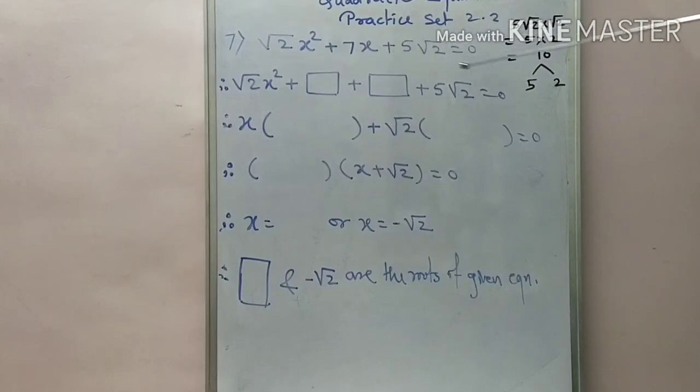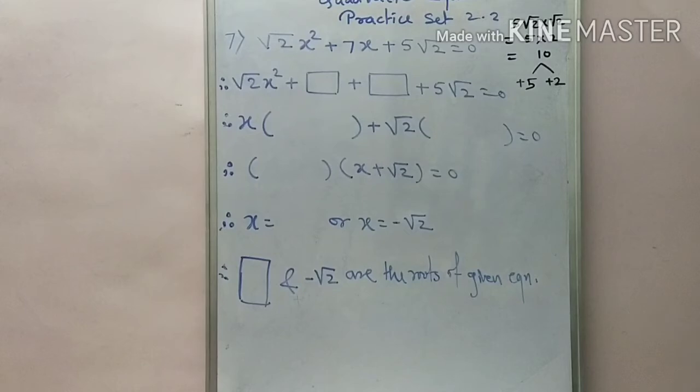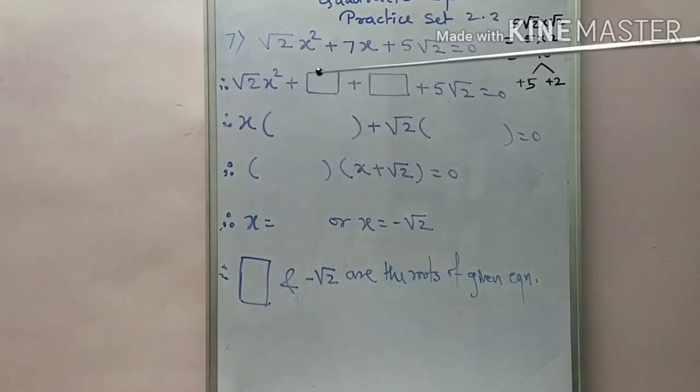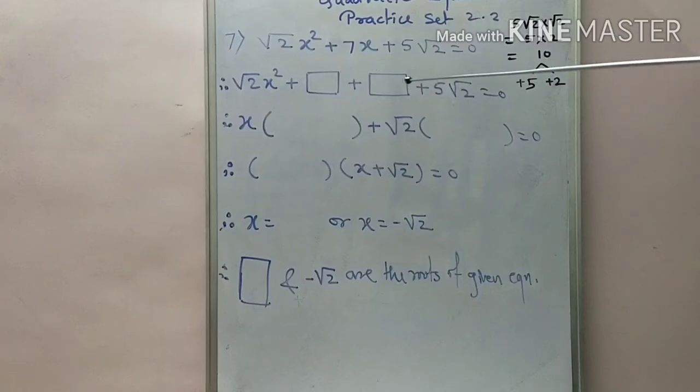Addition means both factors have the same sign, the middle term's sign. So these two factors, 5 and 2, we write in the blank box.